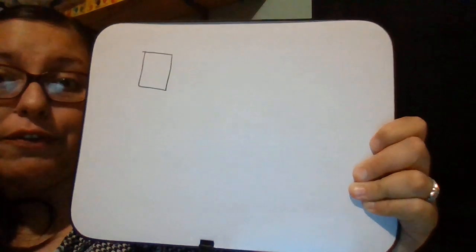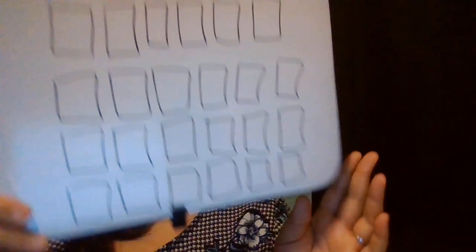So you're going to make 24 of these boxes. 1, 2, 3, 4, 5, 6, 7, 8, 9, 10, 11, 12, 13, 14, 15, 16, 17, 18, 19, 20, 21, 22, 23, 24.